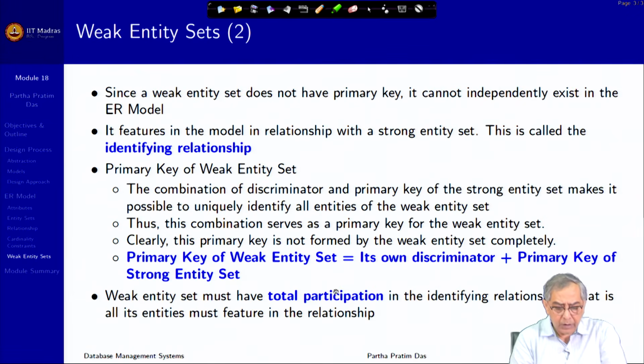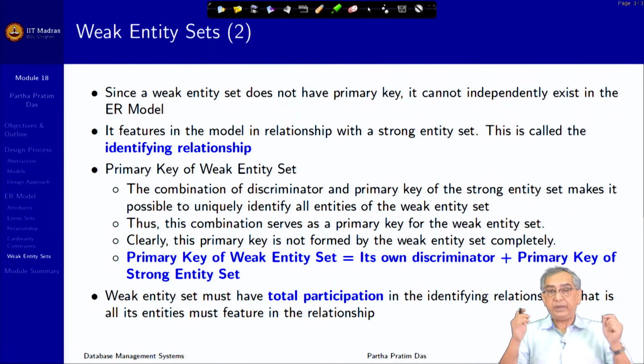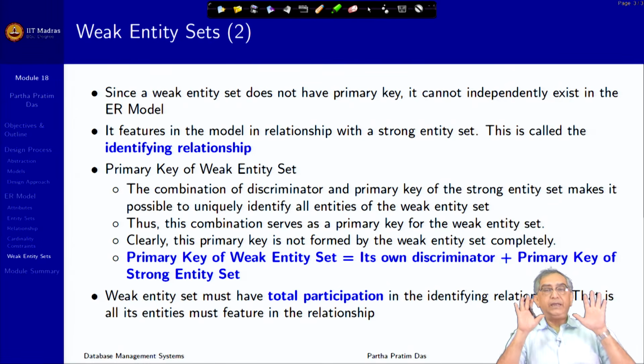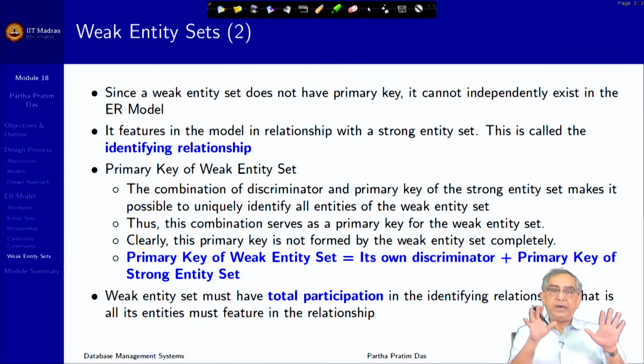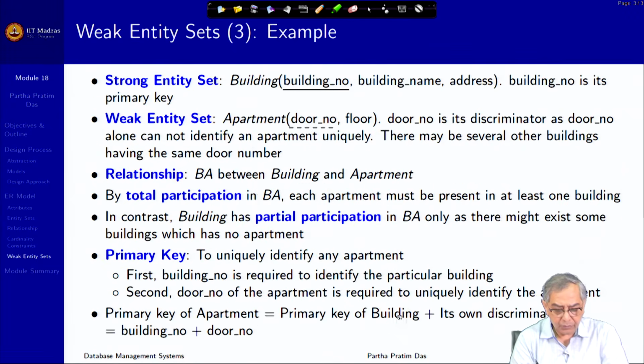If I have a weak entity set, naturally I cannot work with that independently. So, weak entity sets feature in relationship with a strong entity set. Let me first go to the example.